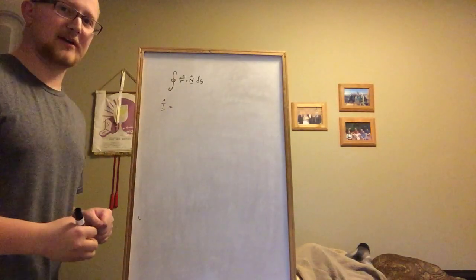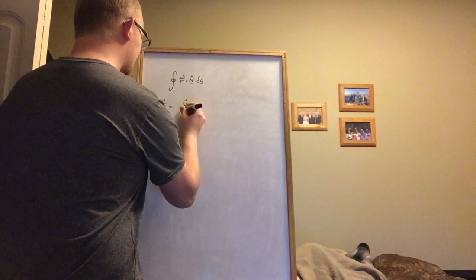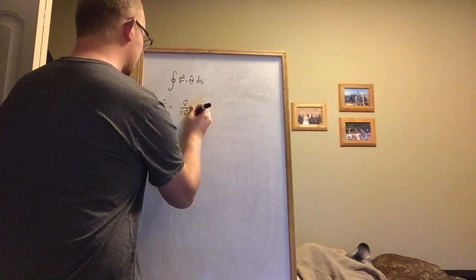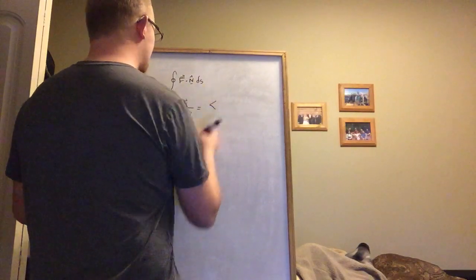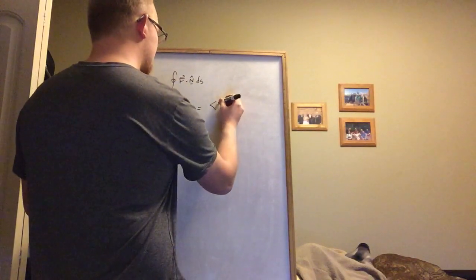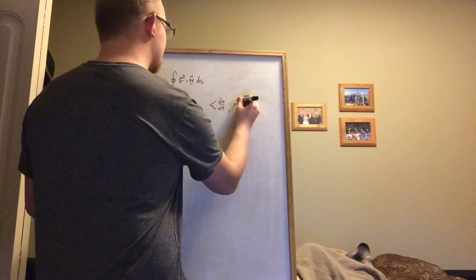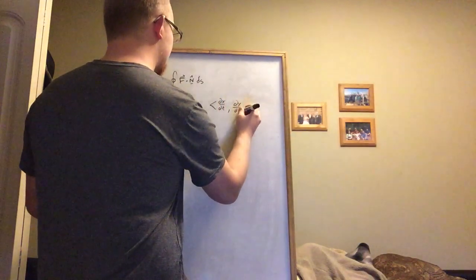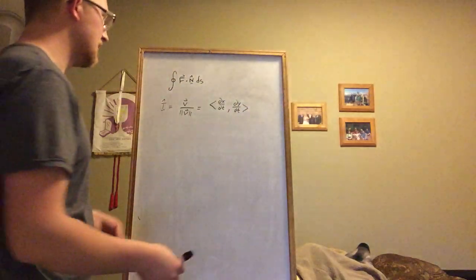the unit tangent vector is defined as velocity divided by the magnitude of velocity, which we can write further as v being the change in the x component with respect to time and the change in the y component with respect to time. If there was a z component, we could do that as well.